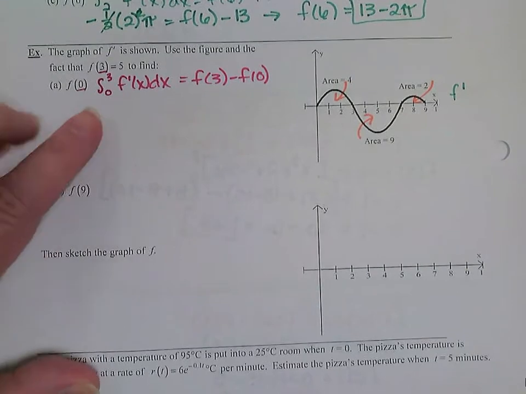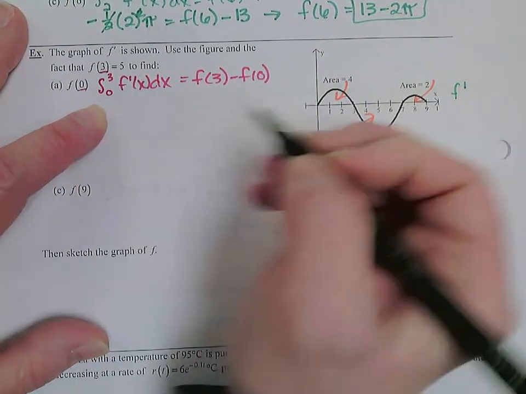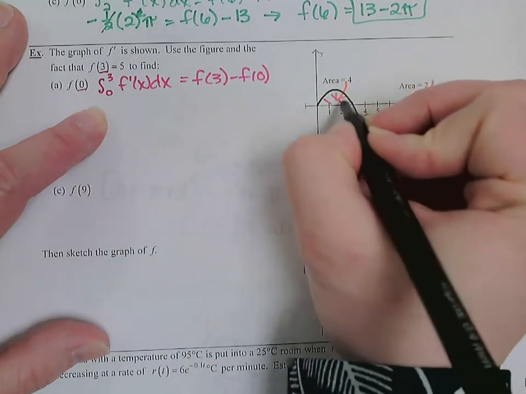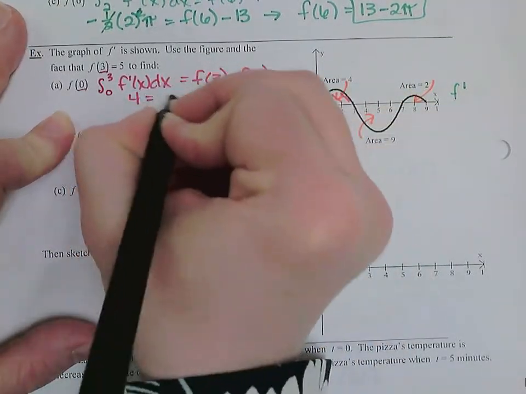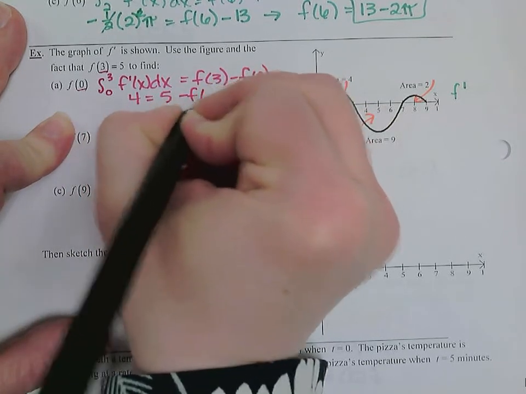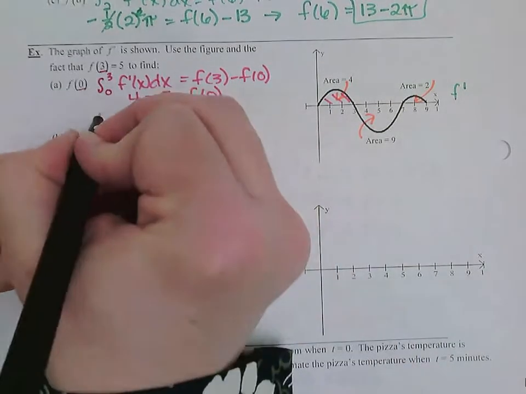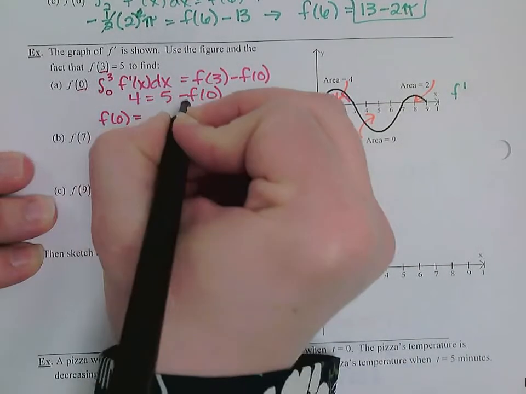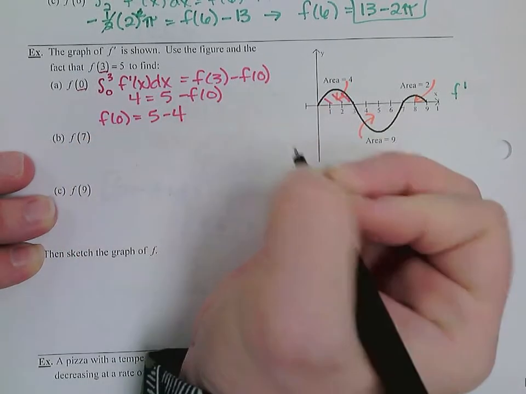We can evaluate this using area. So the integral from 0 to 3 would be that area, which they've told us is 4. F of 3 is 5. F of 0 is what we're solving for. So then f of 0 is going to be 5 minus 4, so 1.